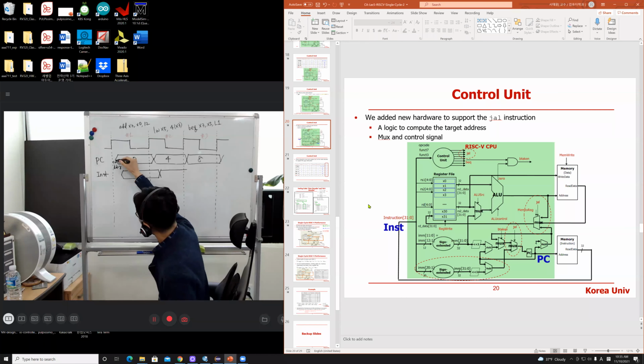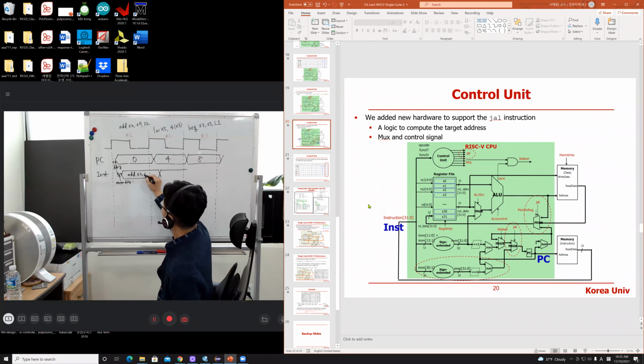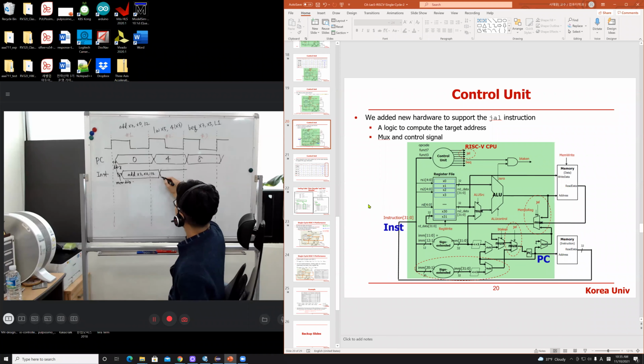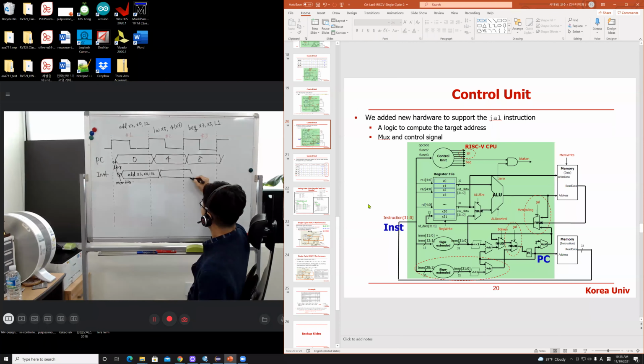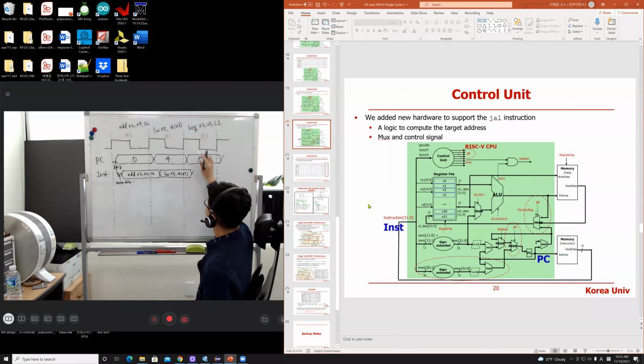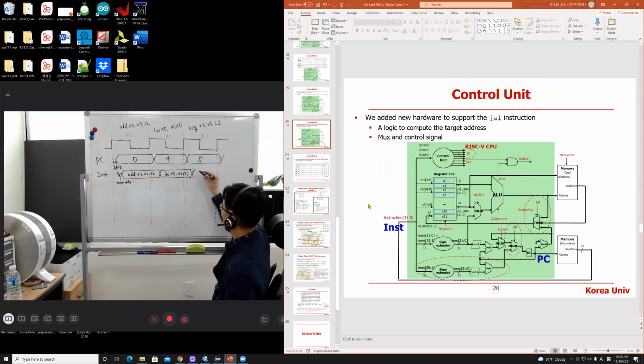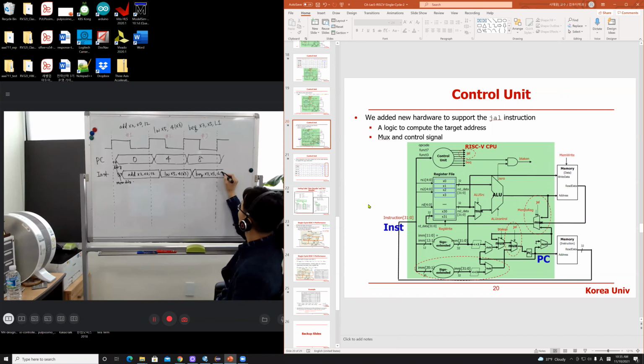You provide the program counter, then after that comes the memory delay. Then the addition instruction is provided from memory. At location 4, the LW instruction comes in, LW X5, 4, X3. And at location 8, we assume this instruction is placed: BEQ X3, X5, this label.